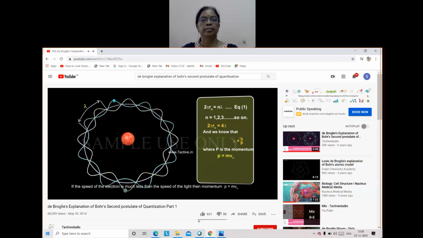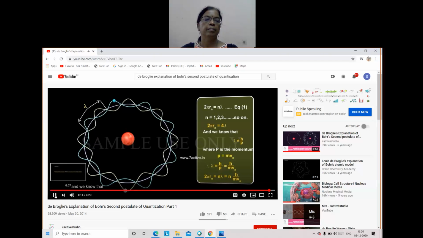If the speed of the electron is much less than the speed of light, then momentum p equals m v_n. Therefore, lambda equals h by p equals h by m v_n. And we know that 2 pi r_n equals n lambda equals n into h by m v_n.